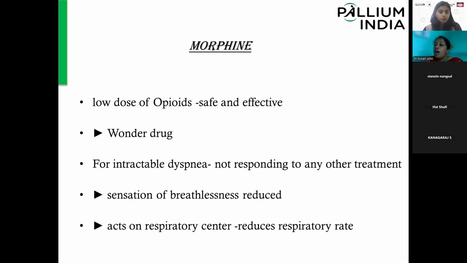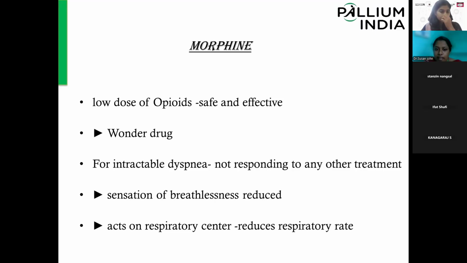So morphine. How can morphine be used for breathlessness? Usually we know that morphine is a narcotic medicine. It is an opioid, a strong opioid, and it is mainly used for analgesia, for severe pain. But it has some role in the management of breathlessness, because a low dose of opioid is very safe and effective for breathlessness.